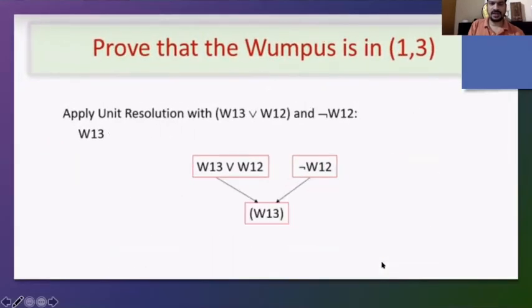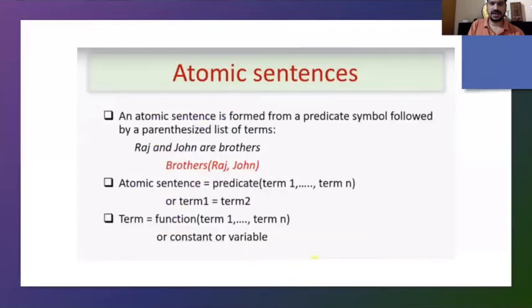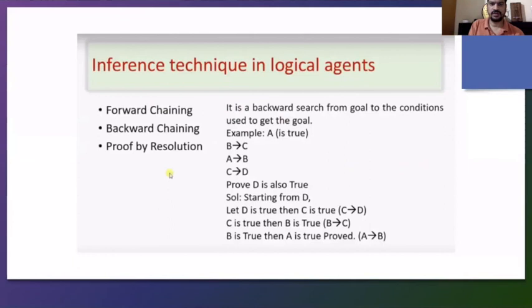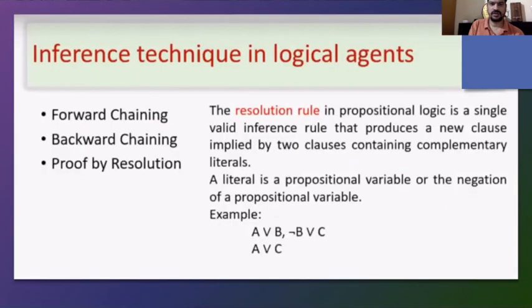Now let's see what the proof of resolution says. The resolution rule in propositional logic is a single valid inference rule that produces a new clause implied by two clauses containing complementary literals.